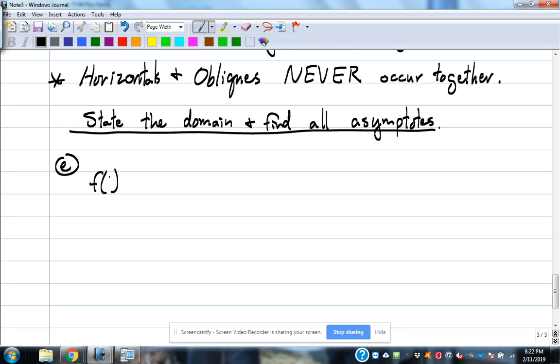Here's the first function for doing all this stuff. x plus 1 over 2x squared plus 5x minus 3. So the first thing you want to do, it says state the domain, is set it up to find the domain. How do we find the domain of a rational expression? We did that earlier. Got to set the bottom equal to what first, though? 0.